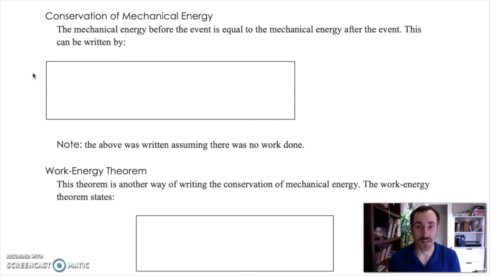So mathematically, the conservation of energy can be written like this. We can say that the energy at the beginning, E1, is equal to the energy at the end, E2. And to make that a little bit more specific, since we're talking about mechanical energy, the energy at the beginning is the kinetic energy and the potential energy at the beginning.